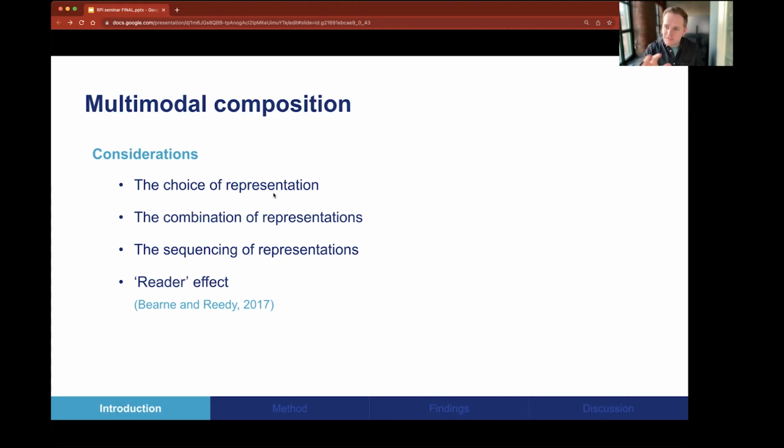The combination of these representations and how they're used to tell different things, how they're sequenced, so how they're programmed in order to be a cohesive story that makes sense. And then thinking about the reader effect. So in terms of programming, the end user, what is their experience of a program when they execute it, if the author, or the programmer, wasn't there.